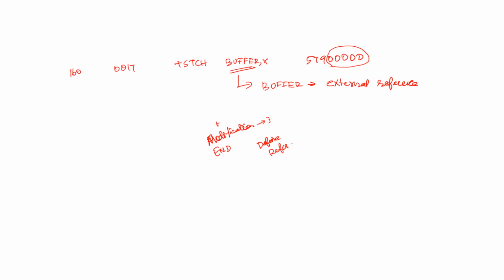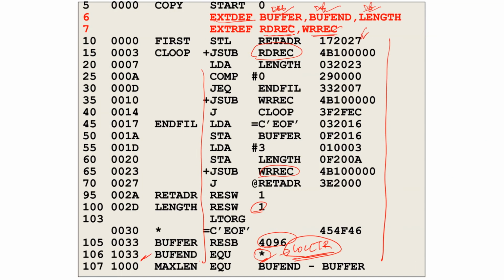So I'll write one define record. We'll write the define record near that symbol. I'll show you. For example, if I want to write this define record, I have three definitions: one is buffer, and length. So how will you write the define record?